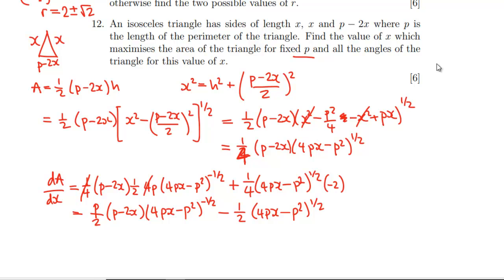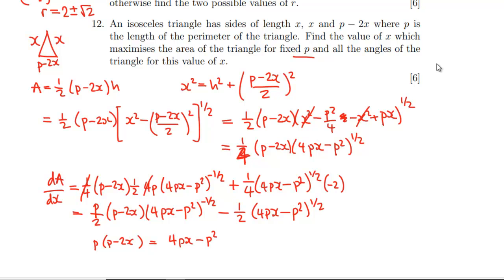So when these things are equal to each other is what we're after. So we can get rid of those halves. So we're going to say that p times p minus 2x. Let's multiply through by this because we've got a minus a half there and plus a half there. So that will be equal to 4px minus p squared.